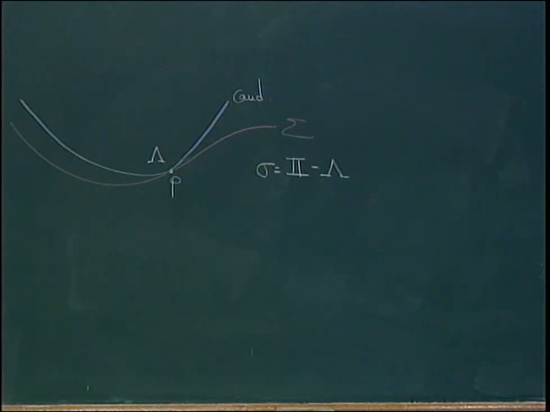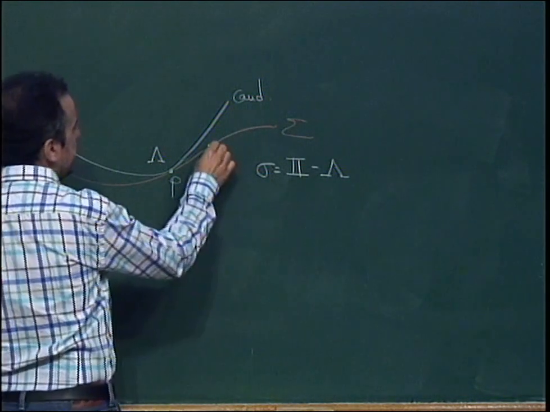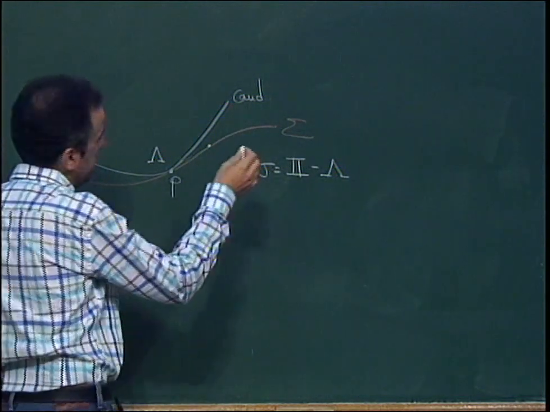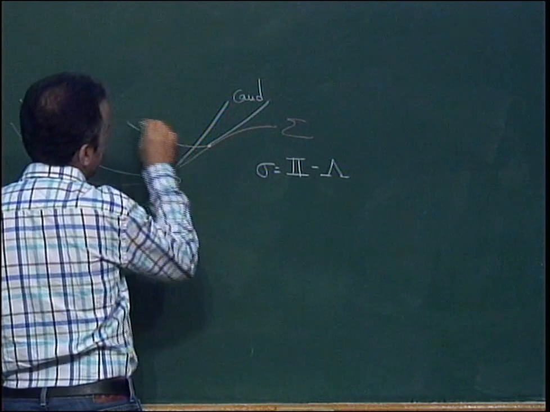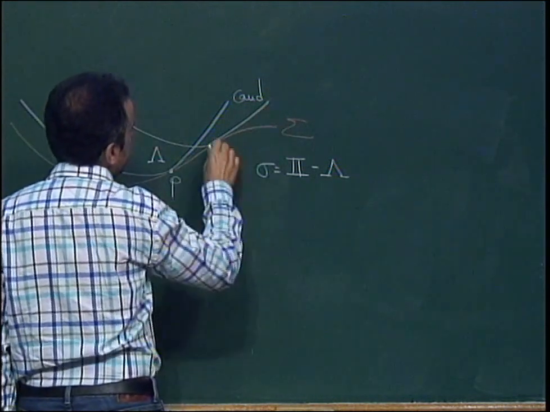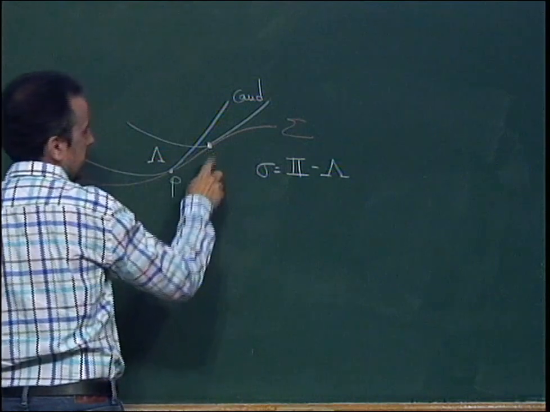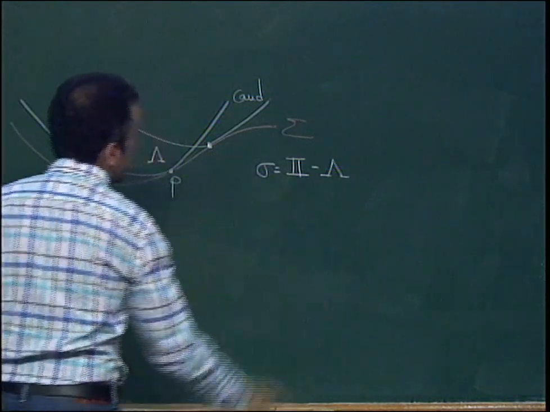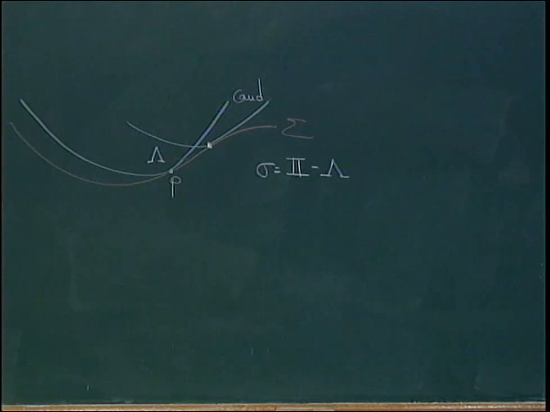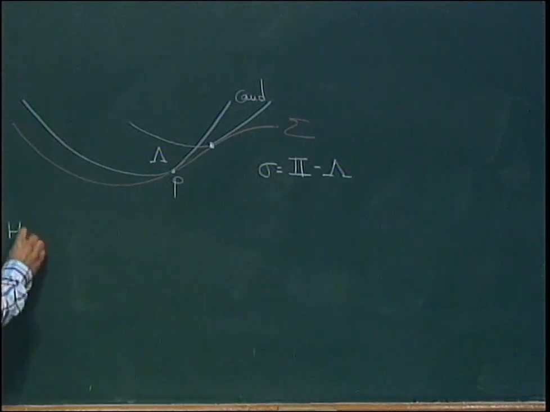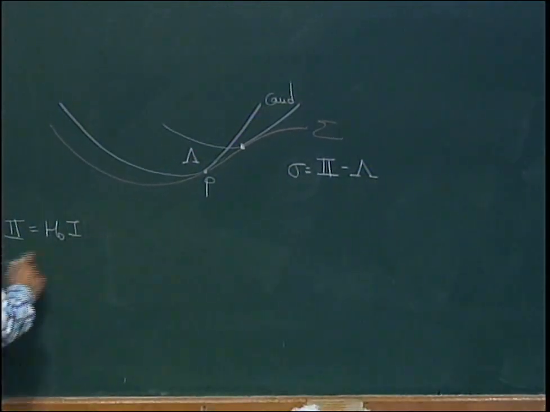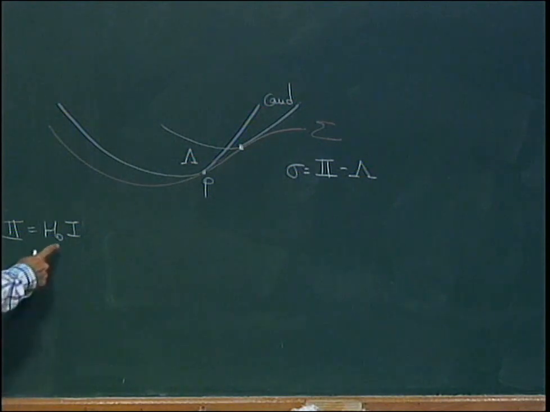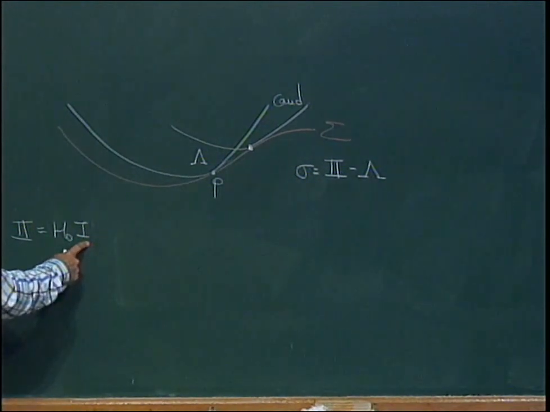surface. Of course, observe that the candidate surface is different at every point in general. Here we can have another different candidate surface at different points. So we define the difference between both of them. In the case of CMC surfaces in R3, the candidate surfaces are spheres, and it is satisfied that the second fundamental form is a constant, the mean curvature, times the first fundamental form.